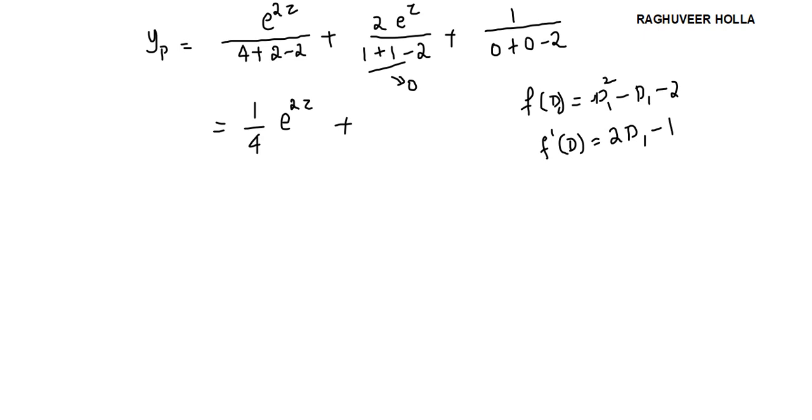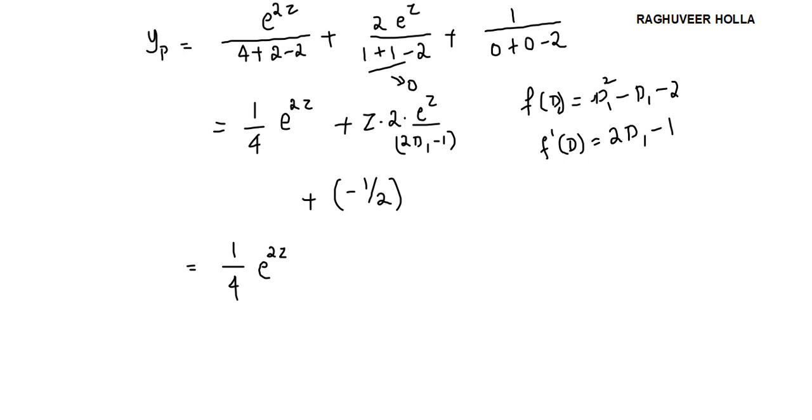Okay, so this should be multiplied with 2 and multiplied with z, and here you should have the denominator as 2 d1 plus 1. Fine, this is done. And the last term, which is minus 2, gives minus 1 by 2. Fine. Now further simplification of this. So this is the same, that is 1 by 4 e to the power of 2z.